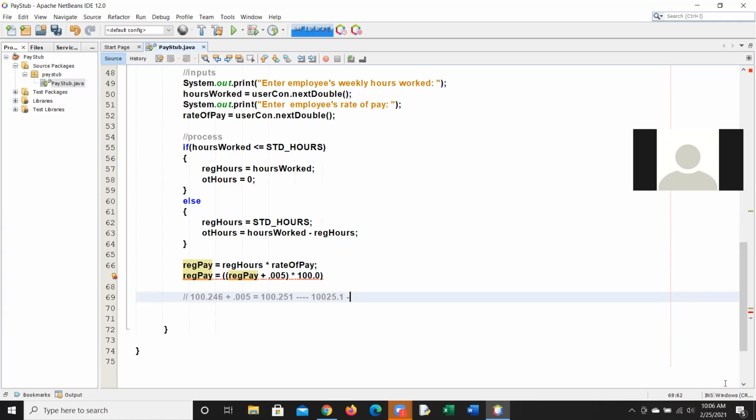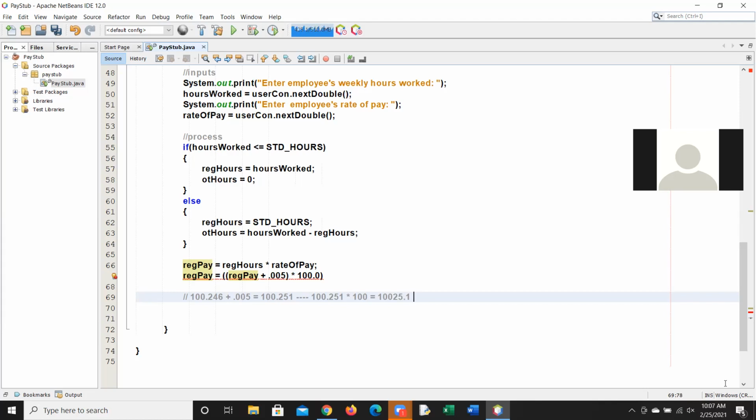Then the next thing I want to do is make that an integer. So this is the answer after I multiply 100.251 times 100, which will equal 10025.1.